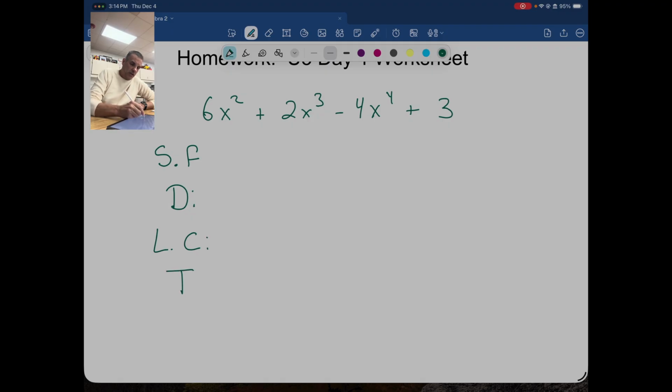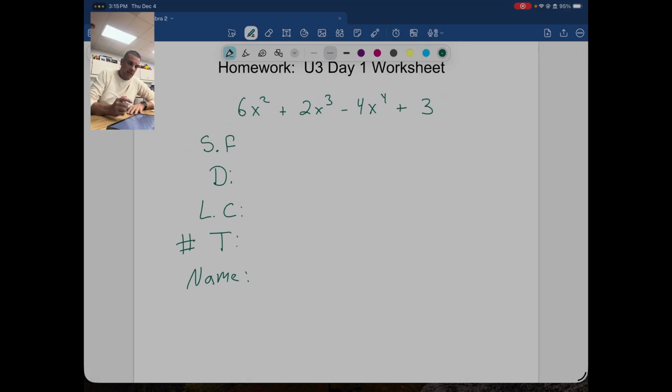Then I want to know the number of terms it has. Name it. What's the name of it? And then the last thing I want you to do is the end behavior, which we are just going to describe on our graph. You can pause the video, try this out, and we'll go over it in a second.